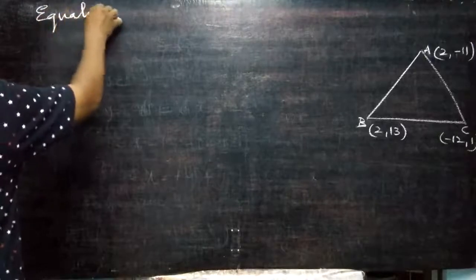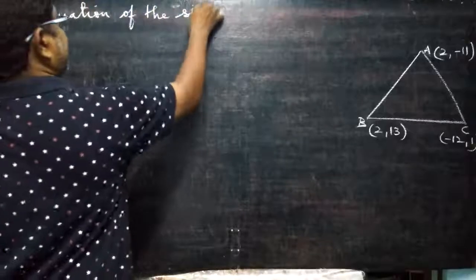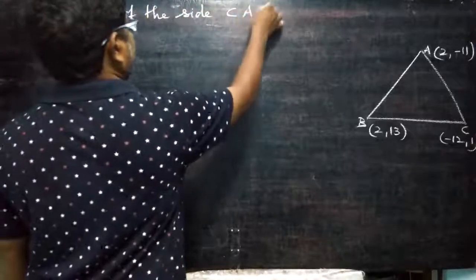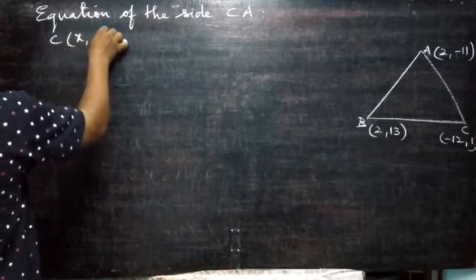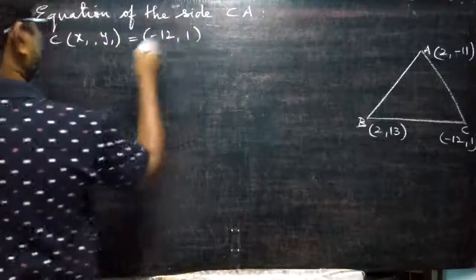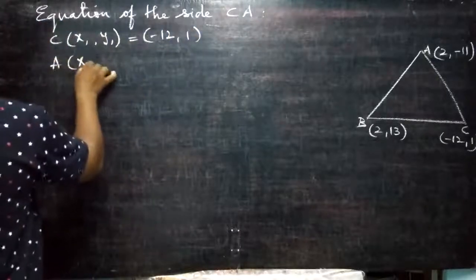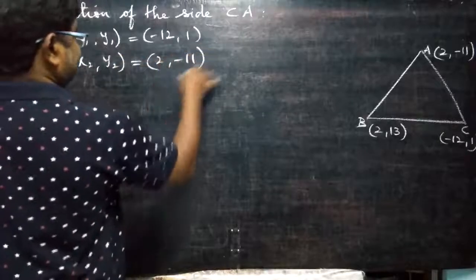Equation of the side CA. AB, BC, CA. C I am thinking as x1, y1, that is (-12, 1), and A I am thinking as x2, y2, that is (2, -11).